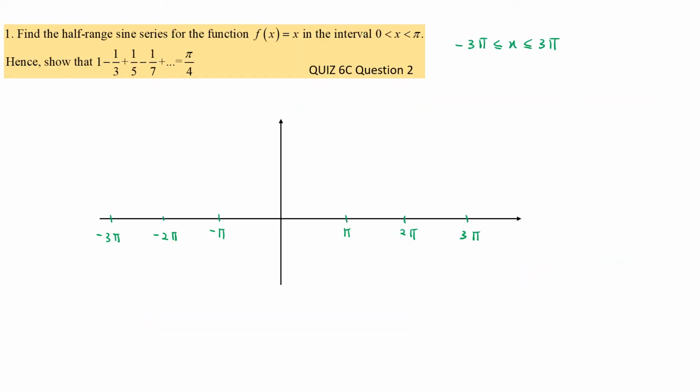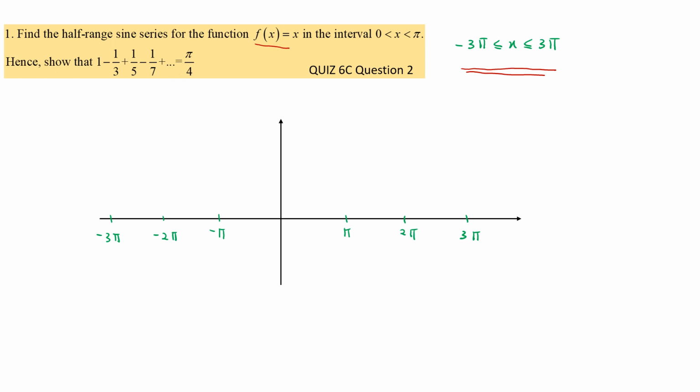Okay, let's say you have to sketch the function f of x, given that the interval that you need to sketch is from negative 3 pi to 3 pi. We know that the function is equal to x, where the interval is from 0 up to pi.